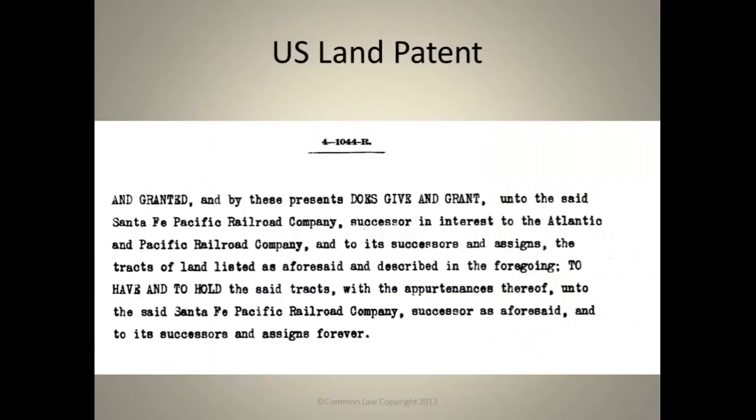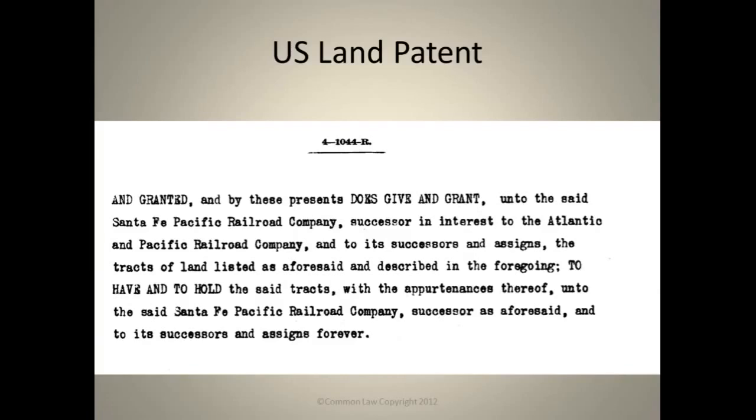And then it goes on, it says, know ye that the United States of America, in consideration of the premises and pursuant of the said acts of Congress, has given and granted by these presents, does give and grant unto said Santa Fe Pacific Railroad Company, successor in interest to the Atlantic and Pacific Railroad Company, and to its successors and assigns, the tracts of land listed as aforesaid and described in the foregoing, to have and to hold the said tracts with the appurtenances thereof unto the Santa Fe Pacific Railroad Company, successor as aforesaid, and to its successors and assigns forever. It doesn't say a word in there about property taxes.